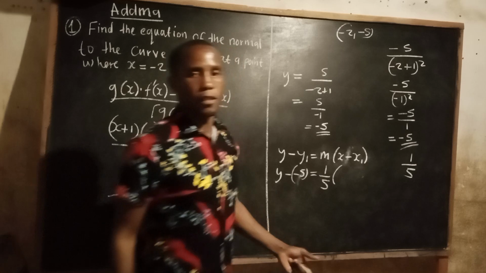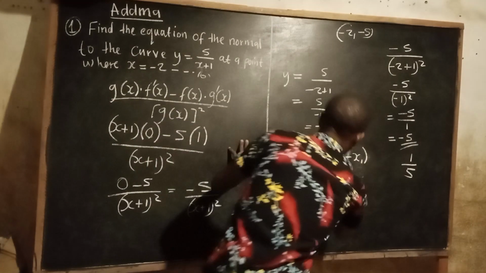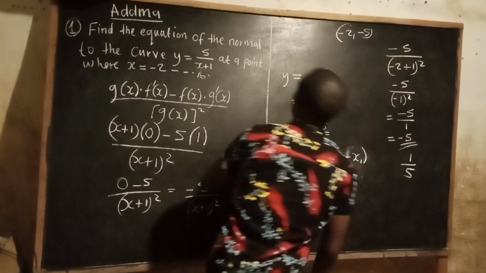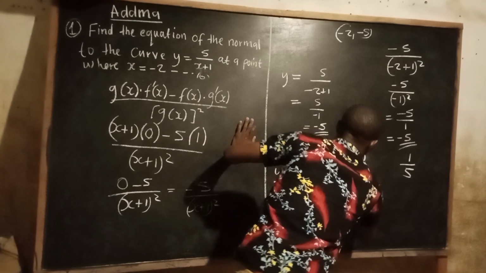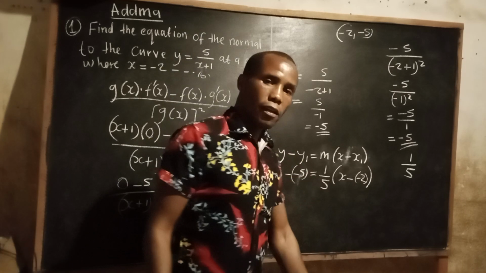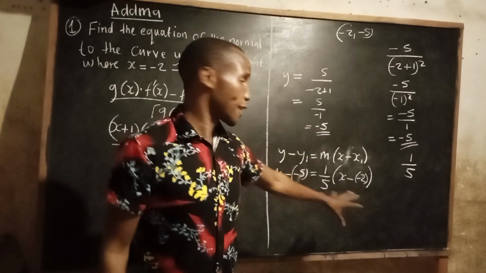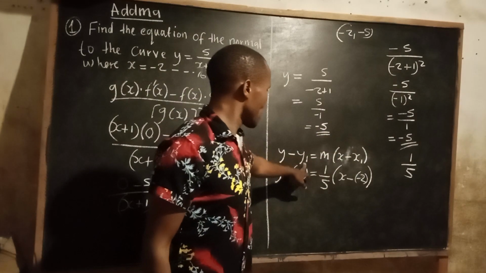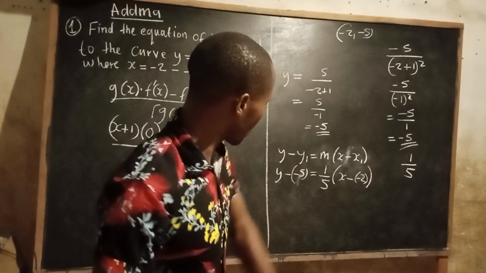M in this case represents the gradient. Then x minus x1, and x1 is negative 2. So when substituting, the only letters to substitute are y1 and x1. The m will remain constant. It's just y1 and x1 there, that you should take note.